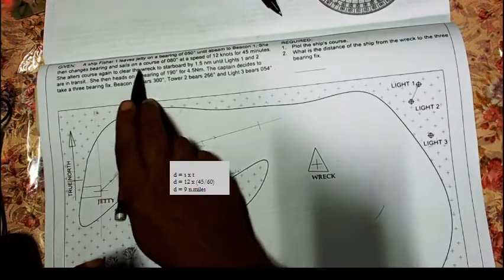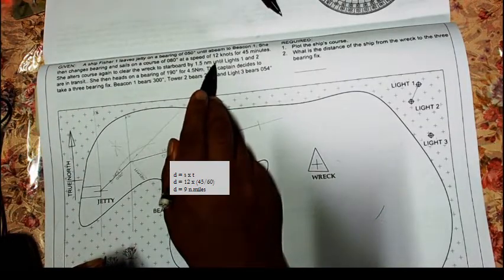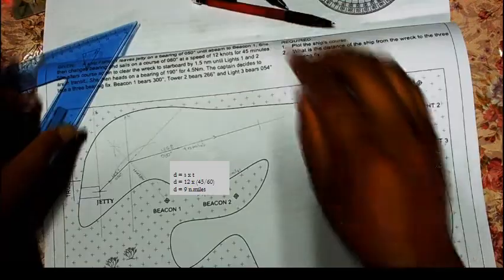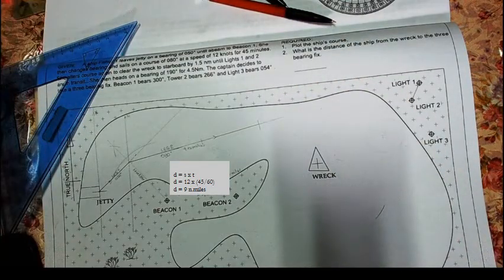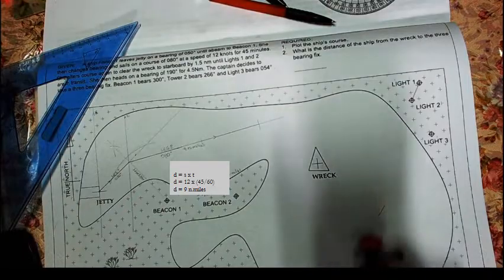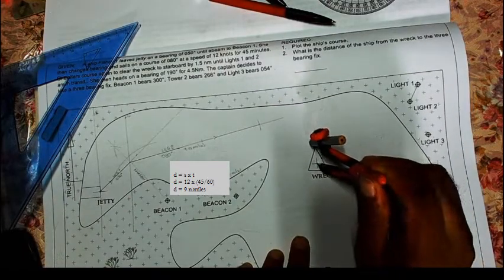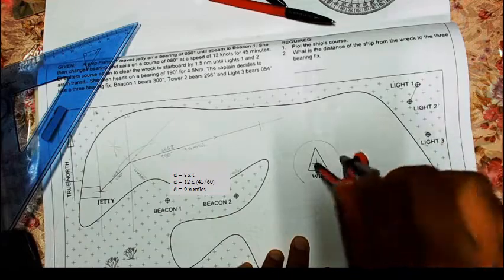The next part of the question, she alters course again to clear the wreck to starboard by 1.5 nautical miles until light 1 and light 2 are in transit, right? So you're going to take 1.5 nautical miles from your scale, draw a circle.